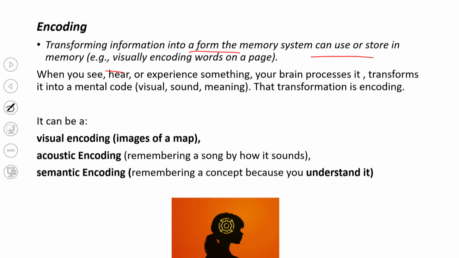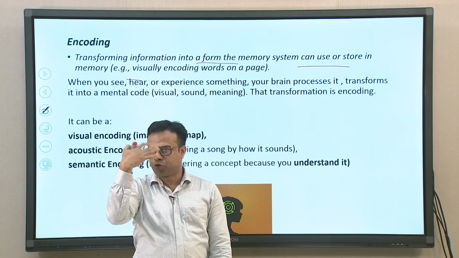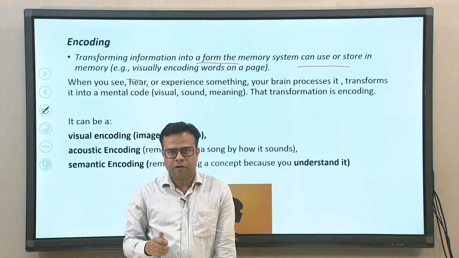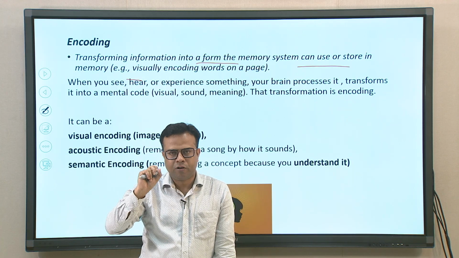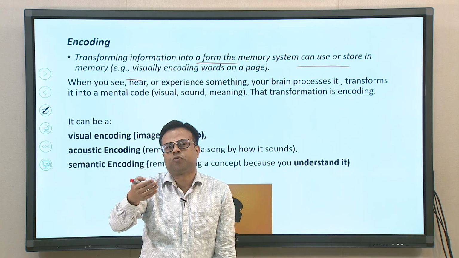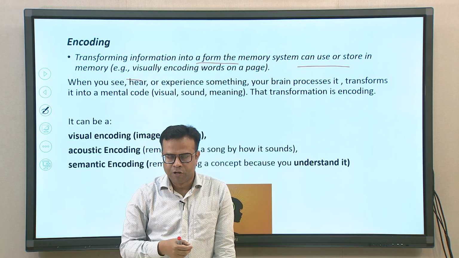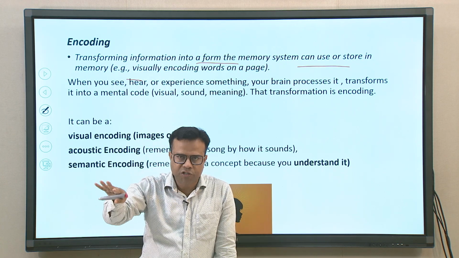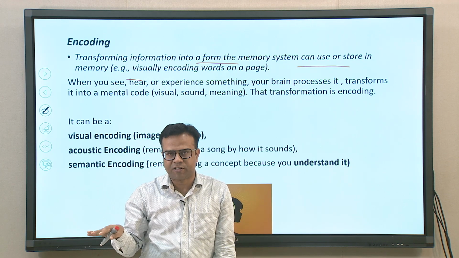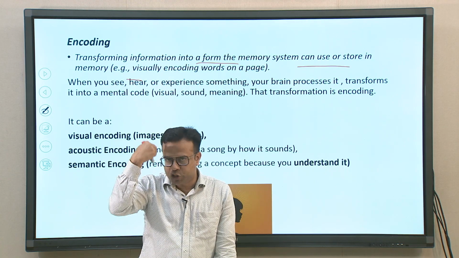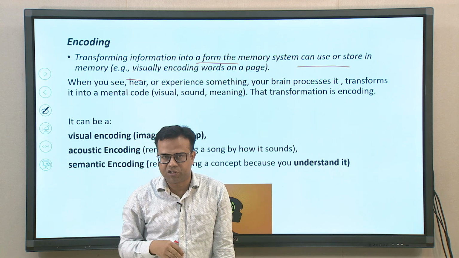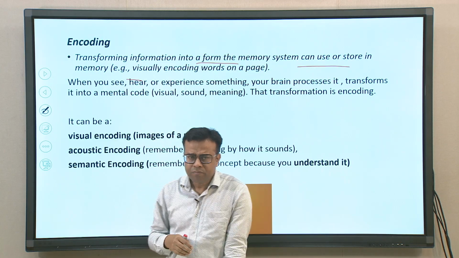For example, you see something through your eyes, the visual world, and you store that visual image in the form of a code or image so it can be stored in the brain. Whatever information you process, first you have to transform it into a code that can be stored in the brain. That process is called encoding.